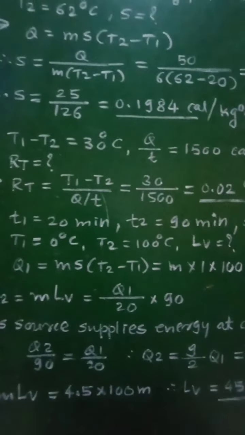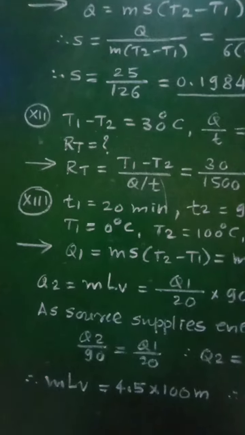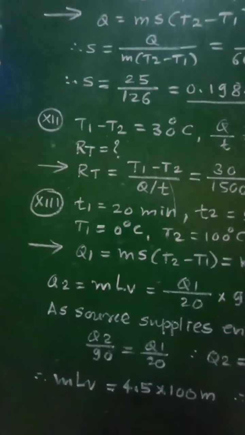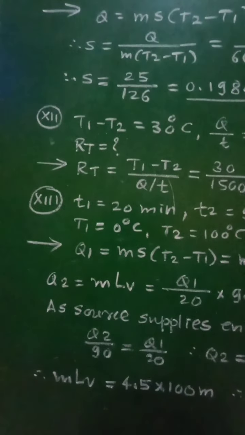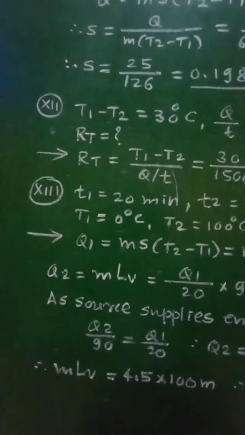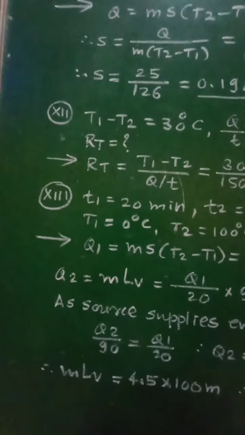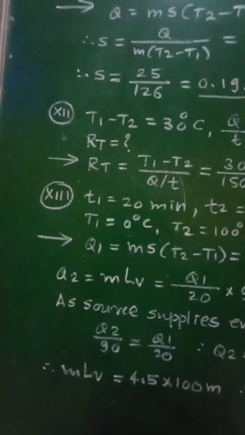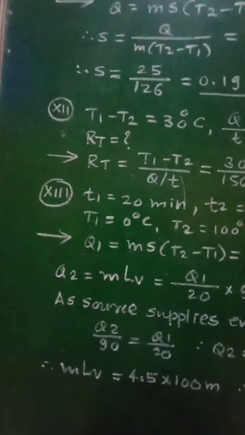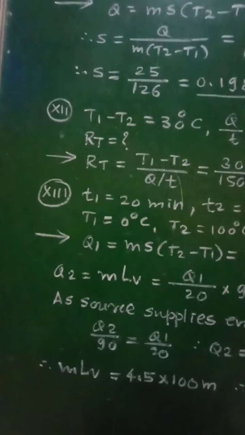Now let us see numerical number 13, which is given as an electric kettle takes 20 minutes to heat a certain quantity of water from 0 degrees Celsius to its boiling point. It requires 90 minutes to turn all the water at 100 degrees Celsius into steam. Find the latent heat of vaporization if specific heat of water is 1 calorie per gram per degree Celsius.